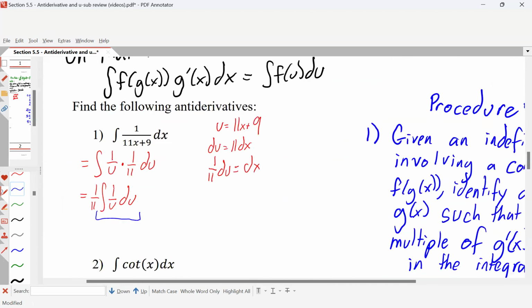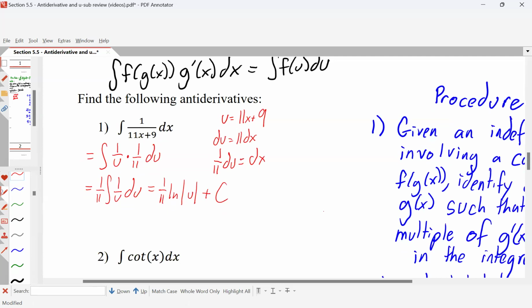We have the integral of 1 over u. So this equals 1/11 natural log, the absolute value of u, plus c. It's an indefinite integral, so we need that plus c. We started in terms of x, however, so we need to finish in terms of x. All that means is this u is going to get replaced with what we defined it to be, 11x plus 9.